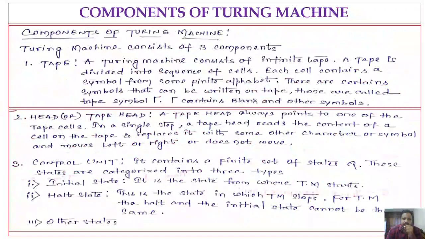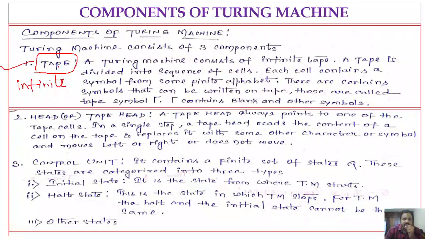Okay, next one, so components of Turing machine. So here the Turing machine consists of three components. Basically the first one is tape, input tape. So here one important property of the Turing machine is that it has an infinite tape. Infinite tape. So till now we have seen a finite tape, right? So the automata that we considered till now have a finite tape, but here we are considering that the tape is infinite, right?